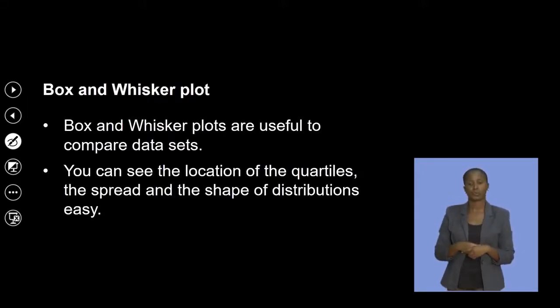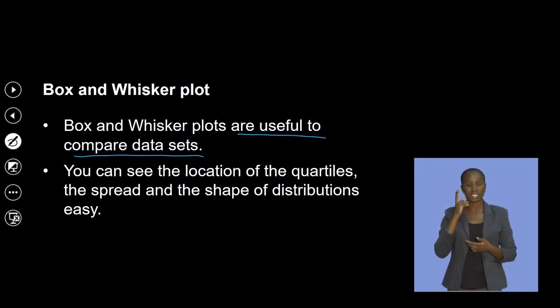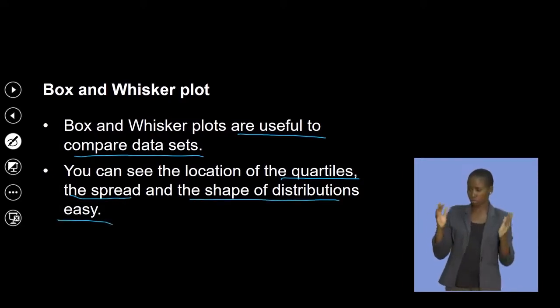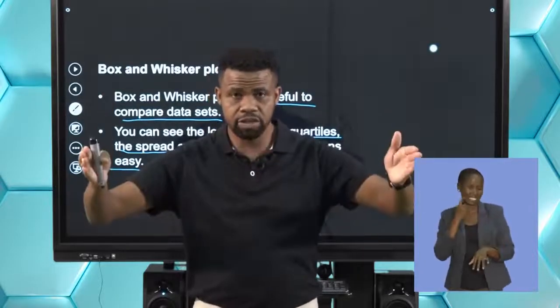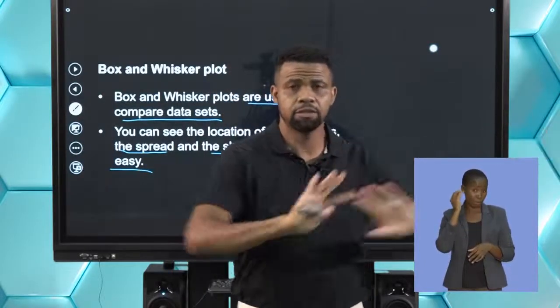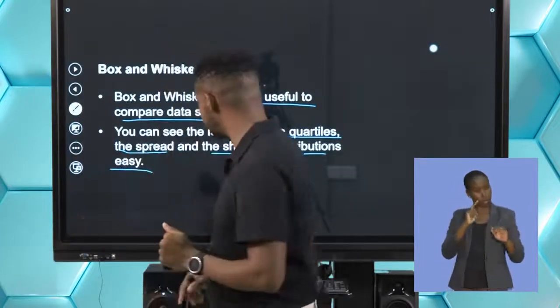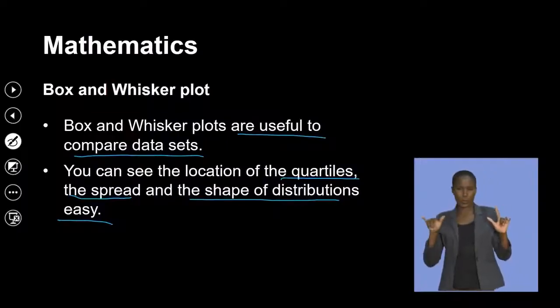Whisker plots are especially useful when we want to compare two sets of data. You can easily see the location of the quartiles, the spread, and the shape of the distribution, whether the data is symmetric or skewed to the left or to the right. How do we see that?